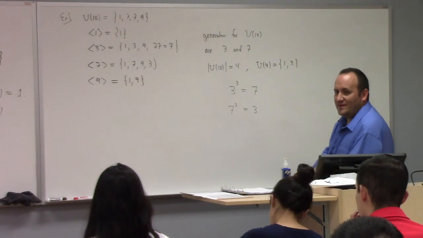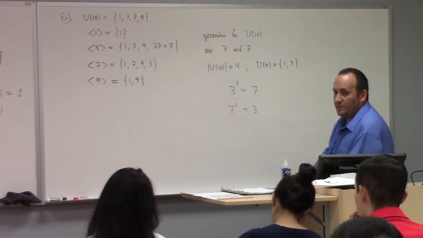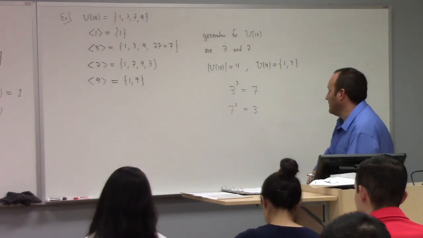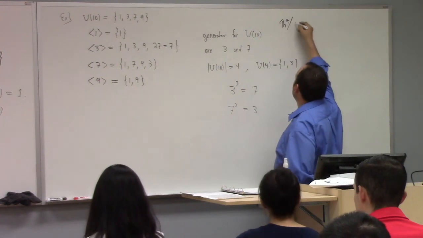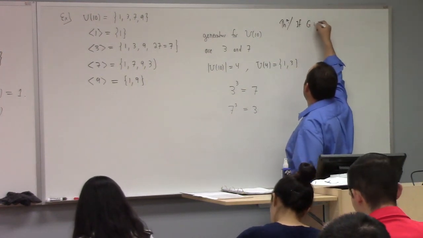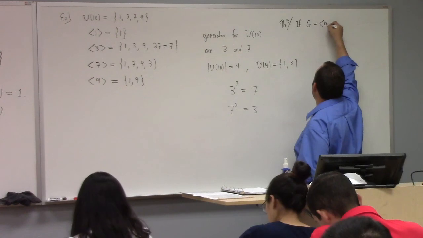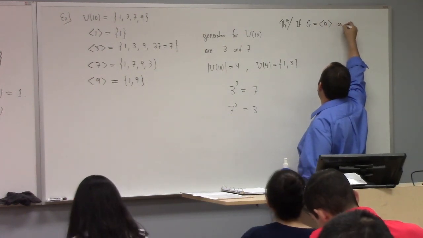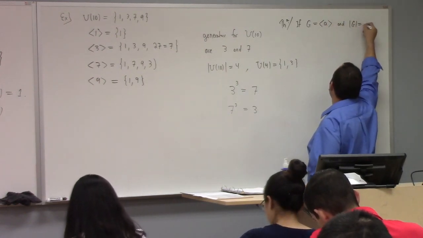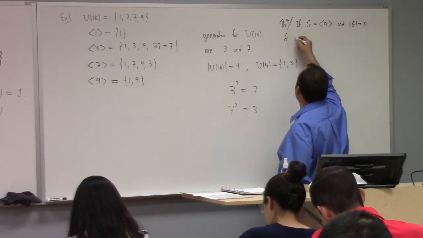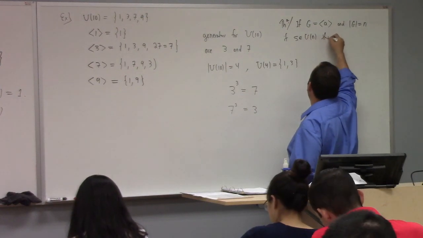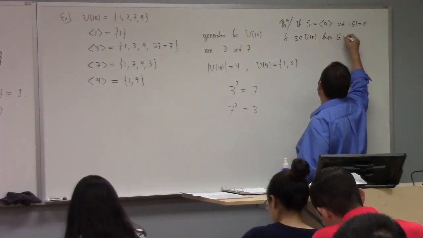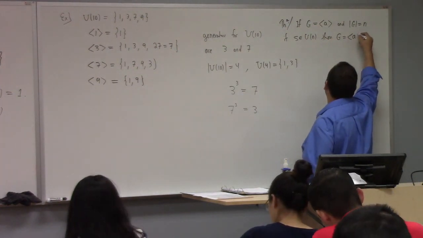It's because what we're going to discover is that if you have one generator, so here's one of the theorems that we're going to learn, hopefully next class I'll prove. Theorem: if G is generated by A, and the order of G is equal to n, if s is an element of Un, then G is also generated by A to the s.